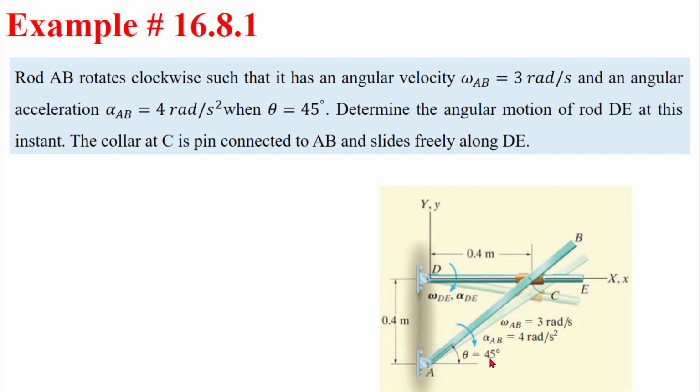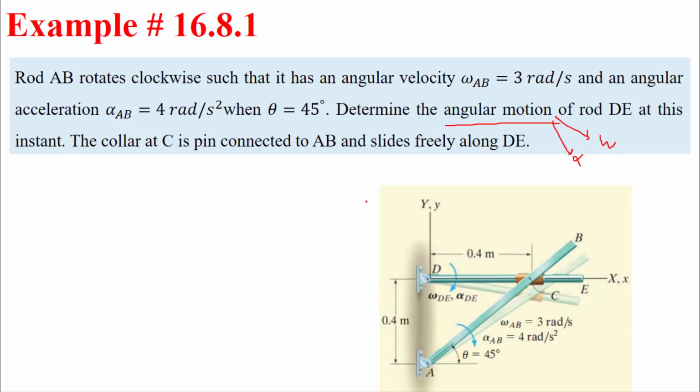When theta is equal to 45, so theta again is given. Determine the angular motion of rod DE. So for DE, we need to find the angular motion, and the meaning of angular motion is that we need to find omega and alpha at this instance, when phi is equal to 45 degrees.